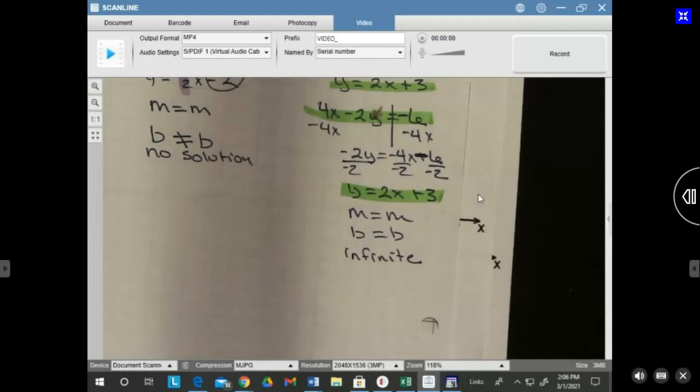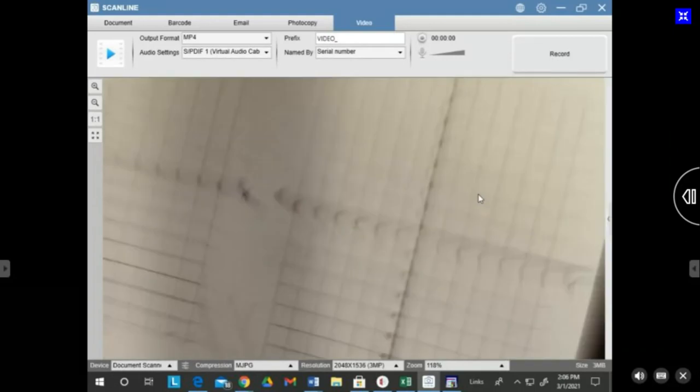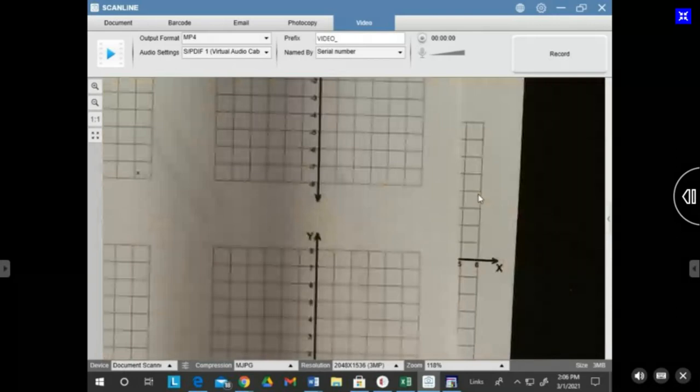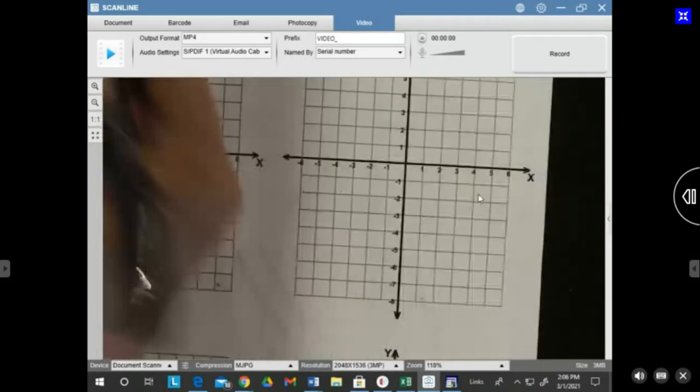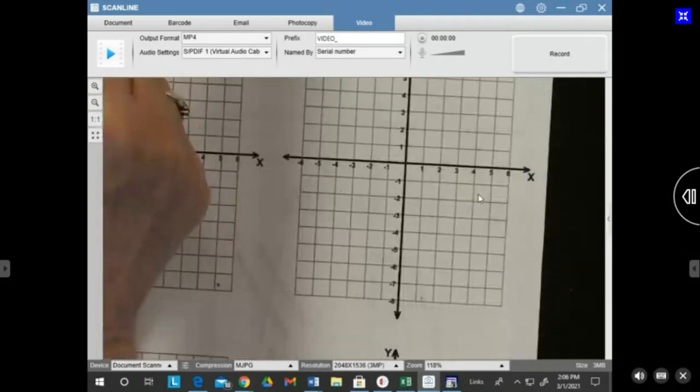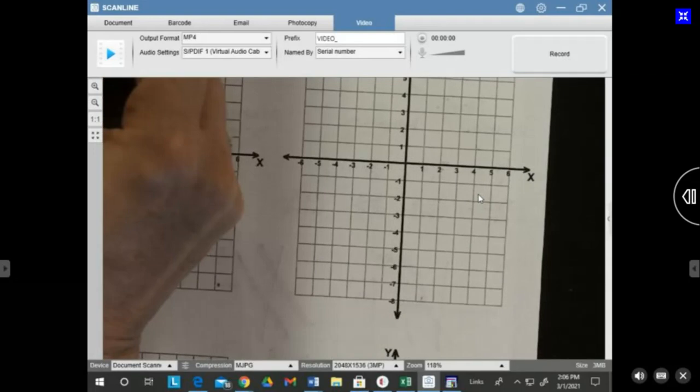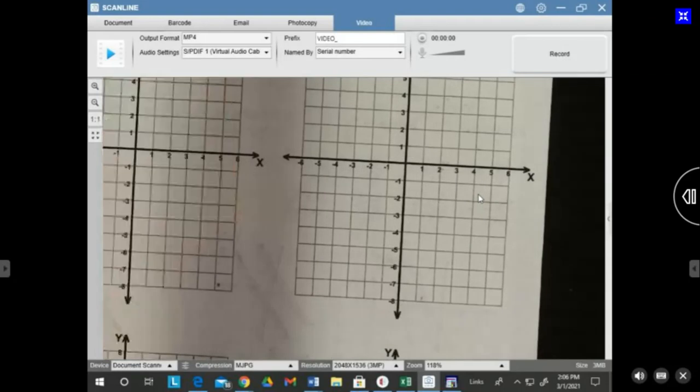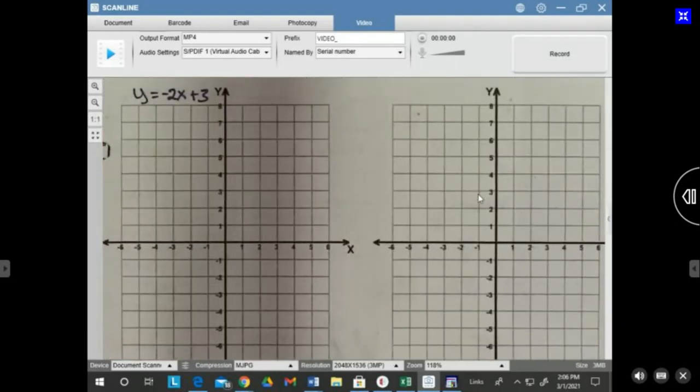So what if I graph y equals negative 2x plus 3? How do I graph that one, guys? Where should I start? At 3.